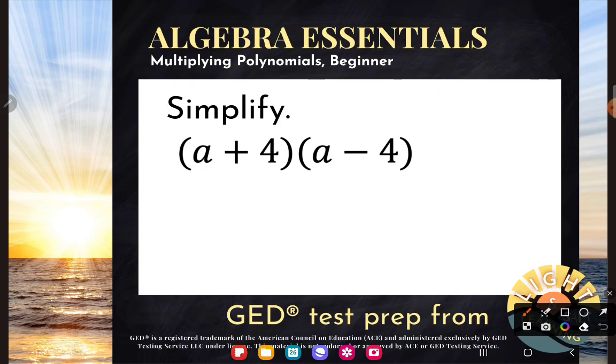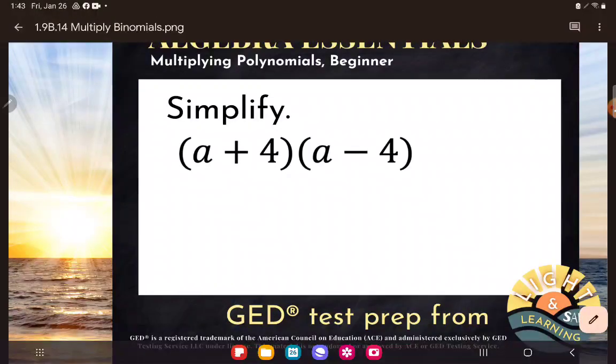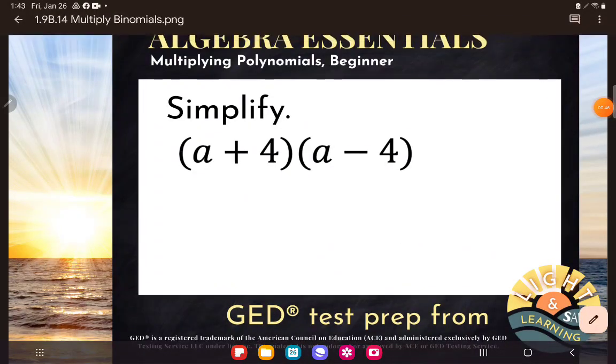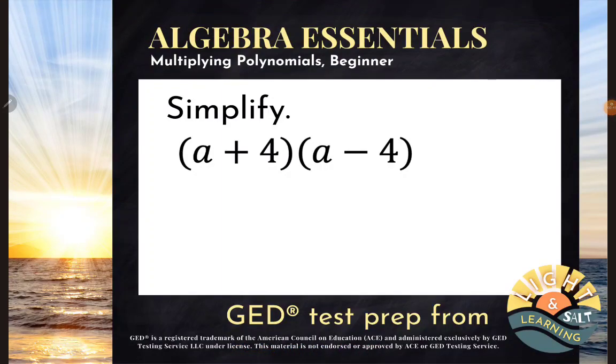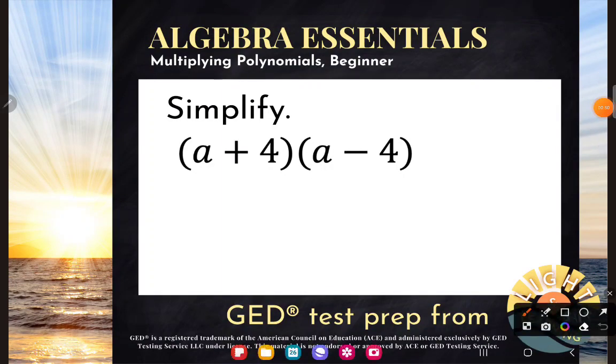Now remember that just like when you're multiplying two-digit numbers, when you're multiplying groupings with two digits, you're going to see every digit in the first number, or every term in the first grouping, multiply with every digit in the second number, or in our case, every term in the second grouping.